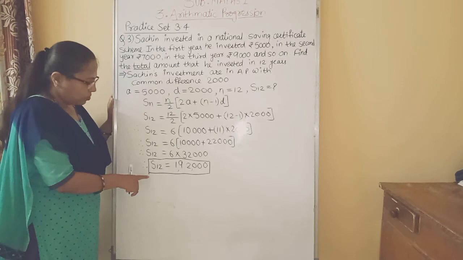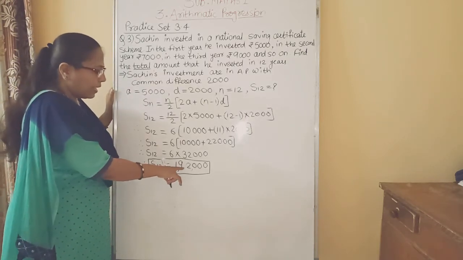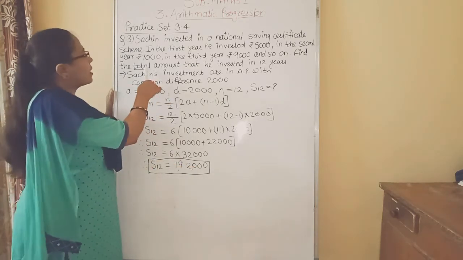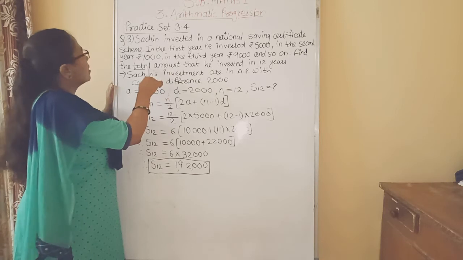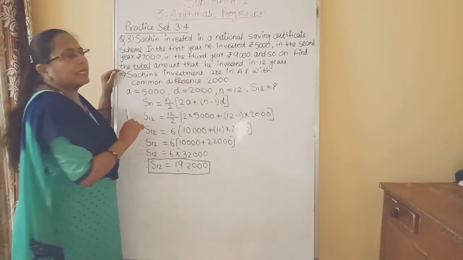Okay. So his total saving in 12 years is 1,92,000 rupees. So according to the question we will write the answer. The question is: find the total amount that he invested in 12 years.